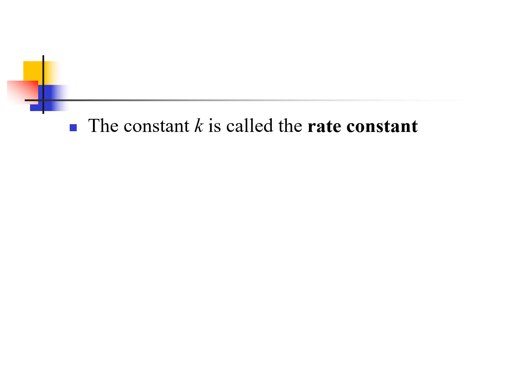It's called the rate constant. And the rate constant is a numeric value. It has a unit, we'll talk about that in a bit, that depends on the reaction itself and temperature. Different temperatures for the same reaction actually shift the rate constant.